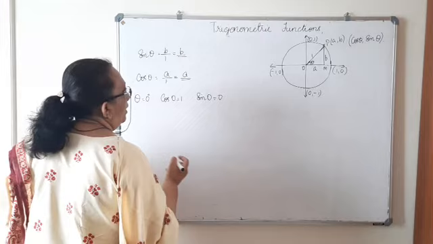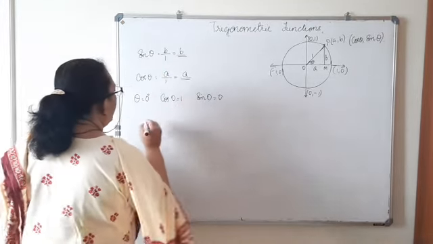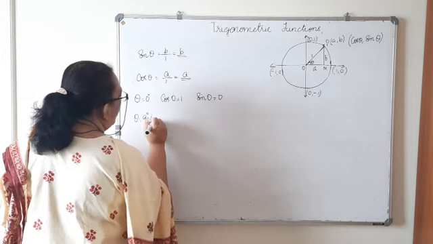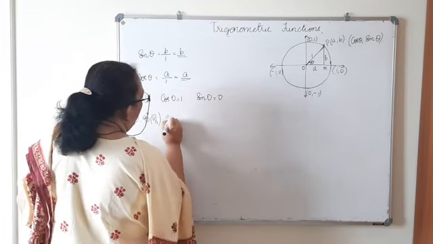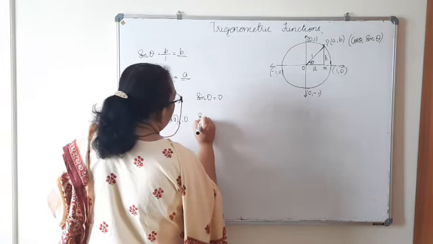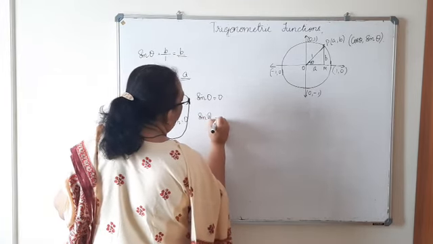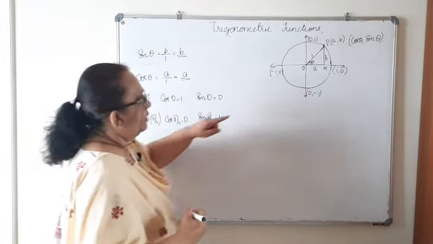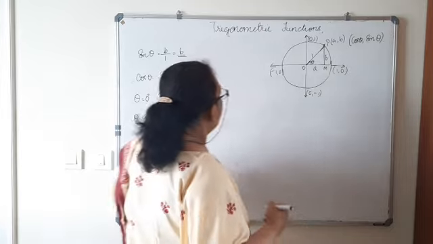Now, when it moves an angle of 90 degrees, theta is equal to 90 degrees, that is pi by 2, cos pi by 2 is equal to 0, sin pi by 2 is equal to 1.